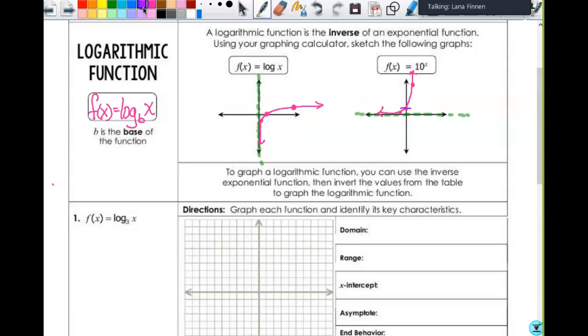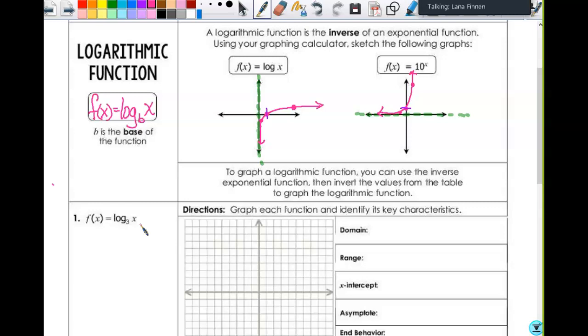And for whatever the base of the log is, remember, you take the log of 1 and you're going to get 0 every time. So they're inverses. That means we can exchange x and y. Graphically, it also means they're a reflection of each other in the line y equals x.